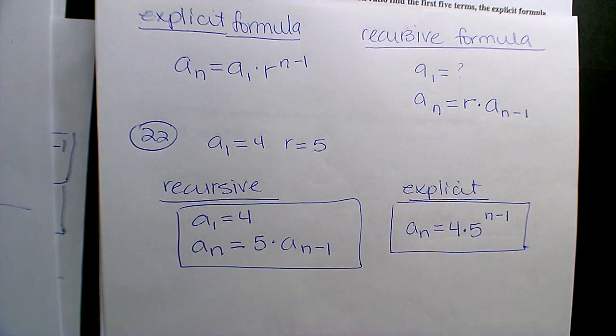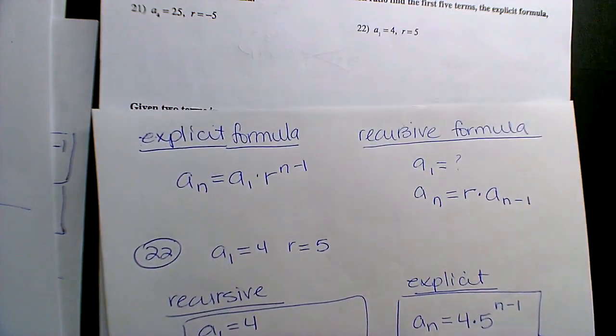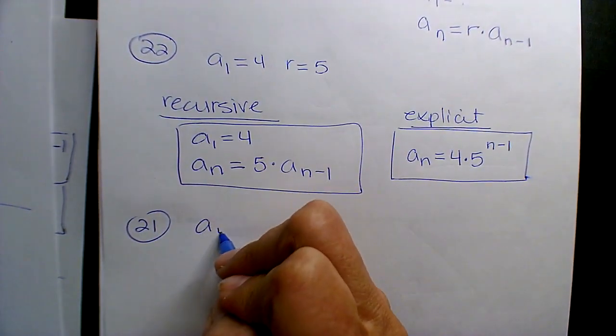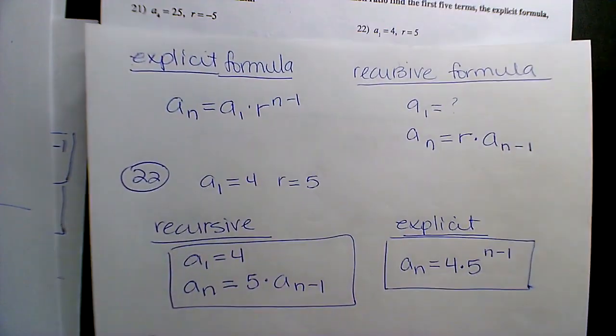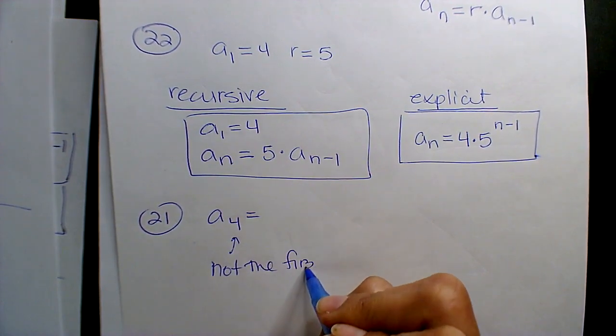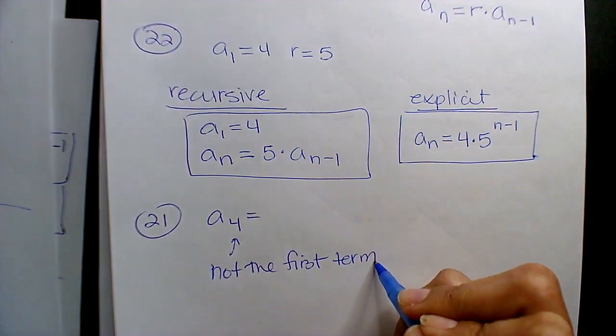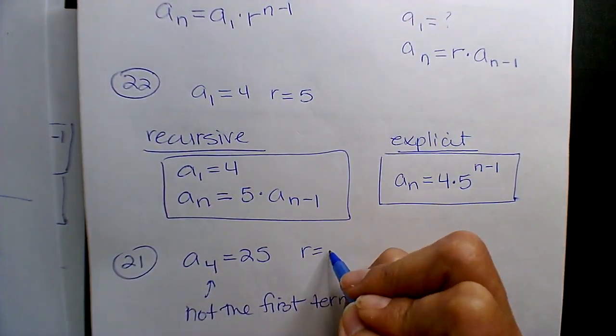Okay, so what's the issue with 21? It gives us the 4th term, right? It's not the first term. Ladies, I'm recording. Okay, so 25 and R is -5.